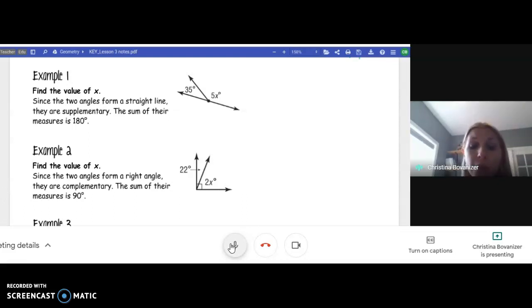That's going to be helpful information for us as we write our equation. So we're going to take that angle of 5x and we're going to add it to 35. And because we know they're supplementary, the answer to our equation is going to be 180 degrees.